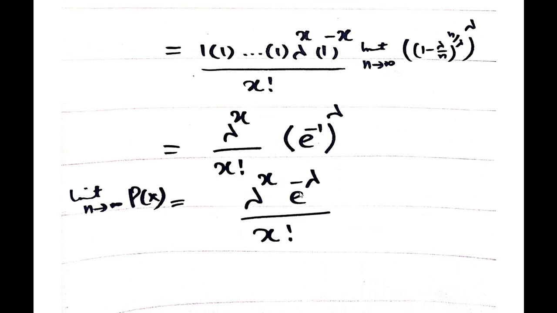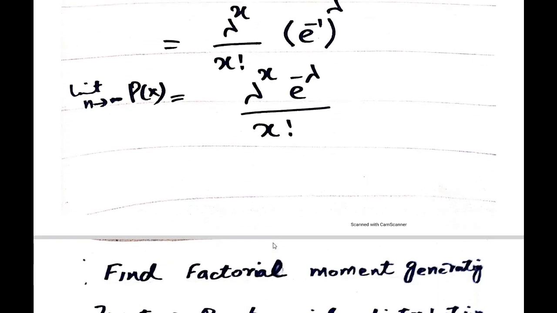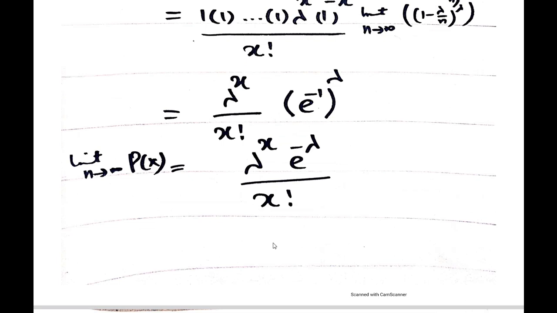So we write it as lambda power x e power minus lambda over x factorial. So we proved that when n approaches infinity and p approaches 0, the binomial distribution approaches the Poisson distribution.